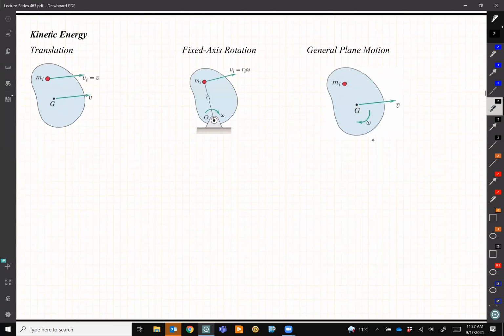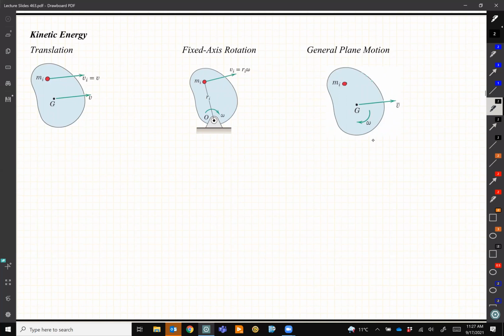And lastly, in terms of review, you saw that we have two methods to solve problems, right? One was the Newton law or Euler law, and the second was the Lagrange equation or the energy method. For the Lagrange equation, you saw that we need to find T, kinetic energy, and U, potential energy.